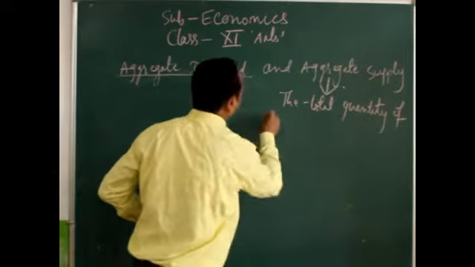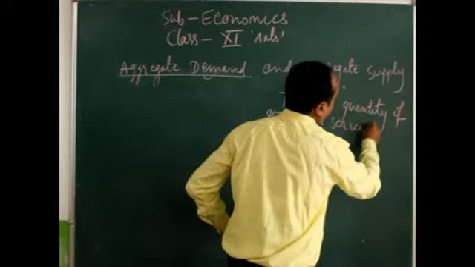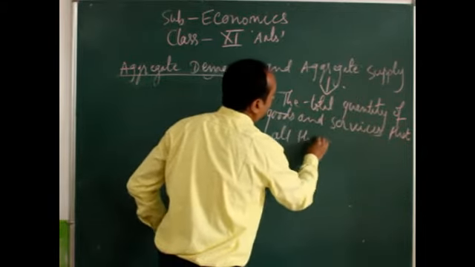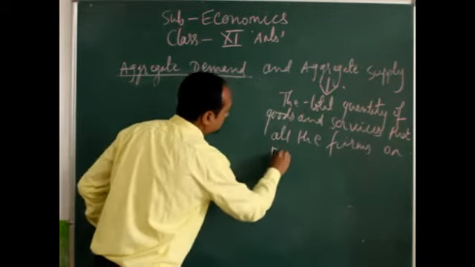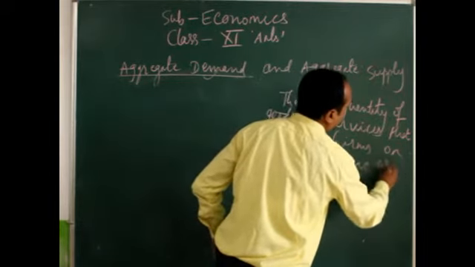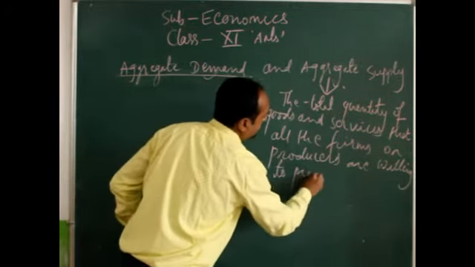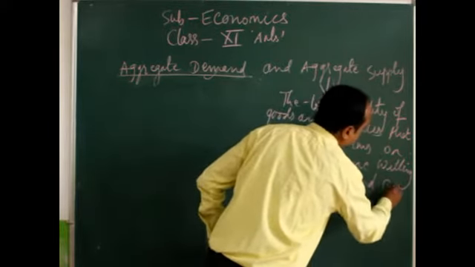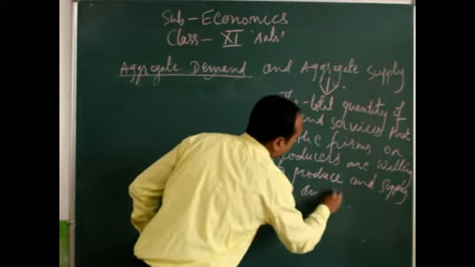So we can say that it is the total quantity of goods and services that all the firms or producers are willing to produce and supply in an economy.